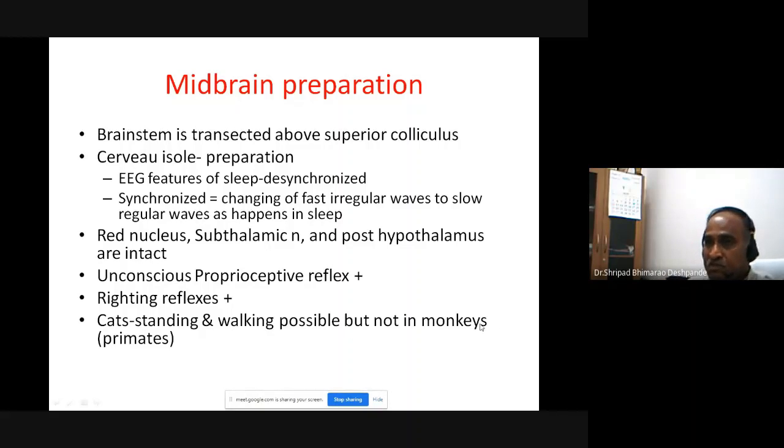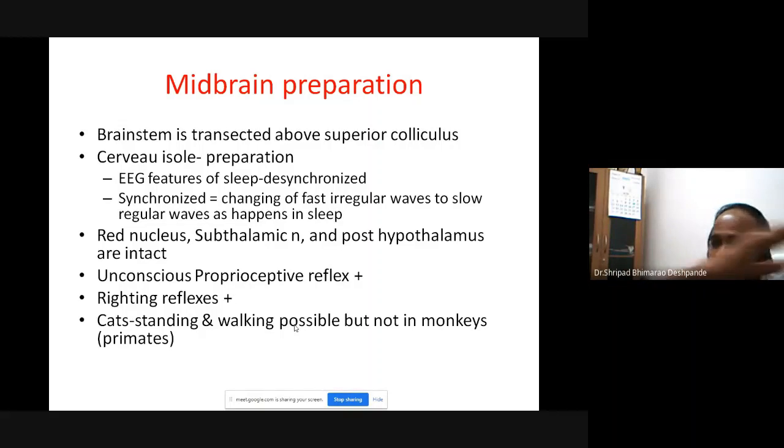It is not possible, because the standing and walking components are lost in monkeys. So higher primates lose it, but in cats it is possible, though it is difficult. It will not be as nice as with an intact cortex. So that is about the midbrain preparation.